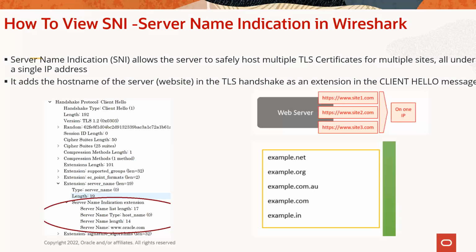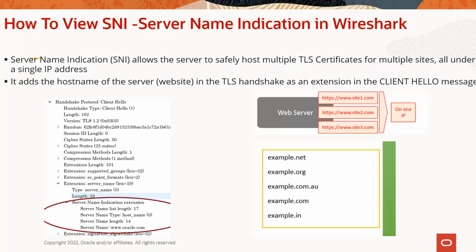Coming to the Oracle database, there are times when you're on an 11G or 12.1 database and, when reaching a UTL HTTP connection, you get the error ORA 29024. We check whether your destination server is SNI enabled, which means one single web server can host many sites for the same IP address, like example.net, example.org, example.com.